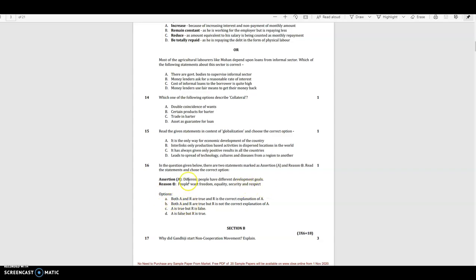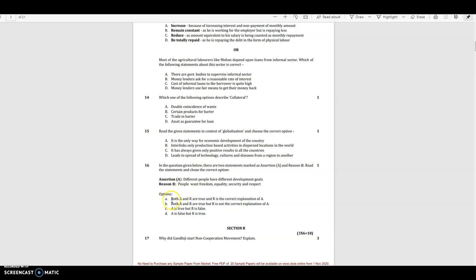Option A, both A and R are true, and R is the correct explanation of A. Option B, both A and R are true, but R is not the correct explanation of A. C, A is true, but R is false. And D, A is false, but R is true. So which is the correct answer?